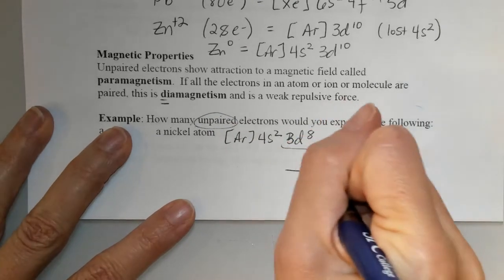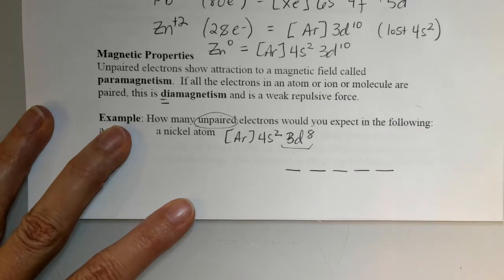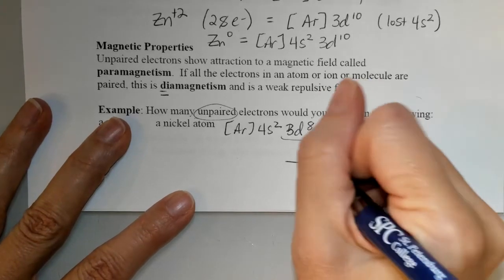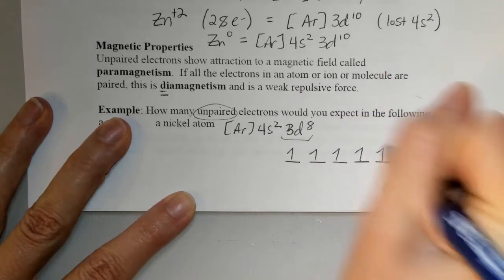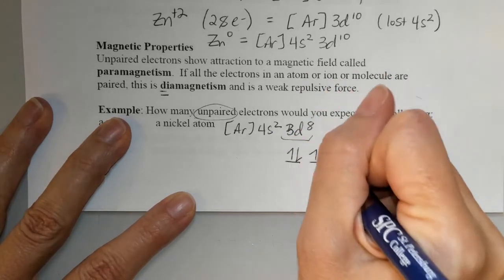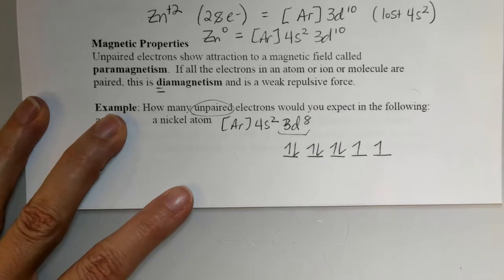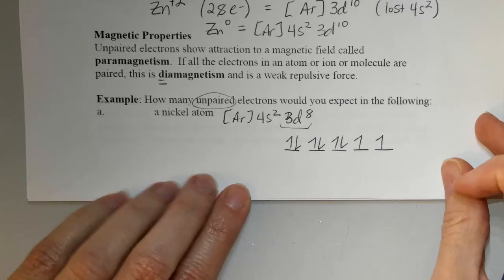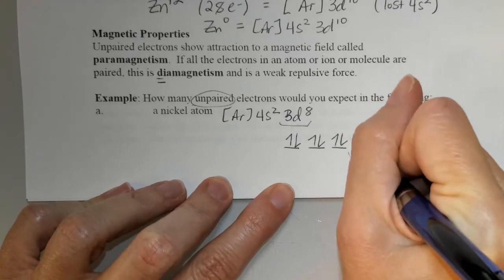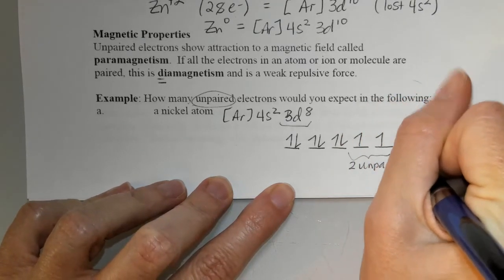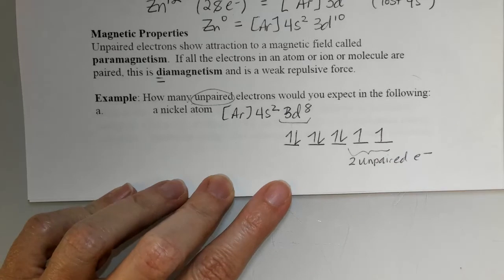So for D, we need 5 different orbitals, degenerate orbitals. Again, the order of filling is we go up, up, up, up, up, there's 5, and then down, down, down, there's 8. So there's my d8 configuration for the nickel. And what this shows me here is that there are 2 unpaired electrons in a nickel atom, all right?